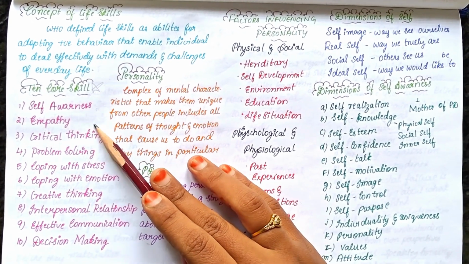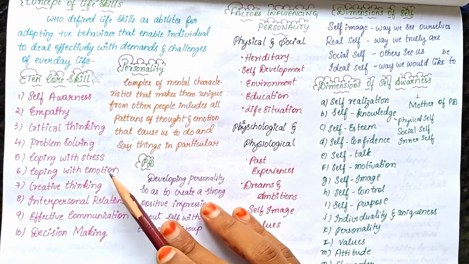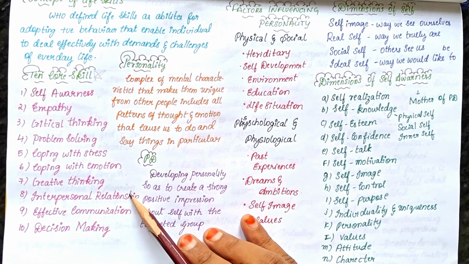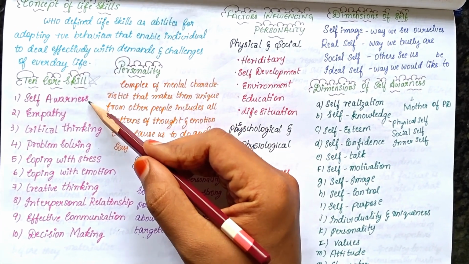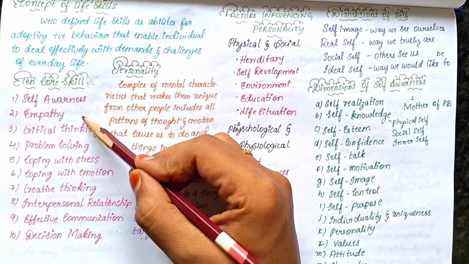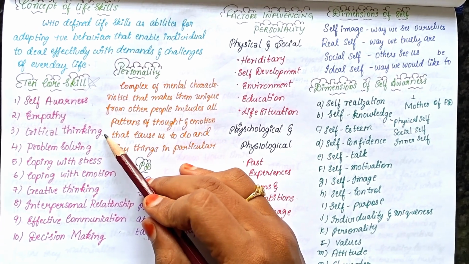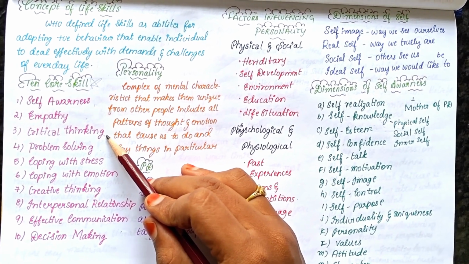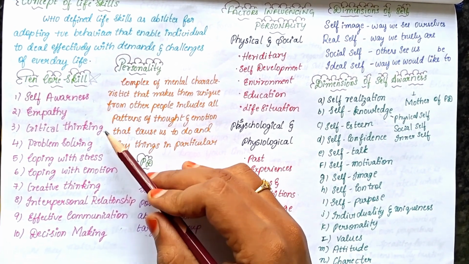Self awareness, empathy, critical thinking, problem solving, coping with stress, coping with emotions, creative thinking, interpersonal relationship, effective communication, and decision making. Self awareness is that one should know about themselves. Empathy is thinking from others' point of view also. Critical thinking is a different kind of thinking which can solve problems with a technique-based approach.